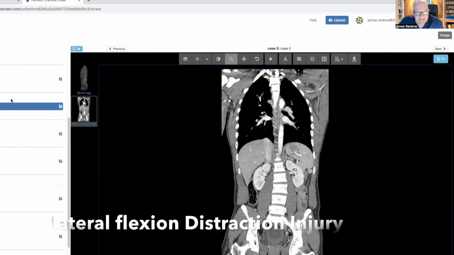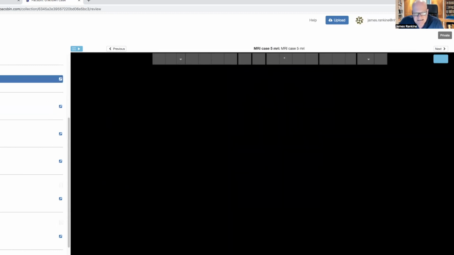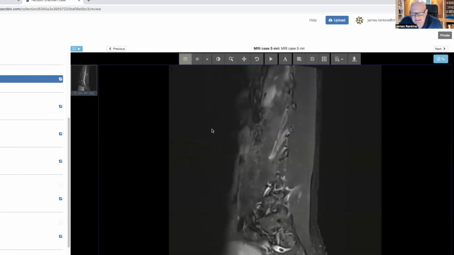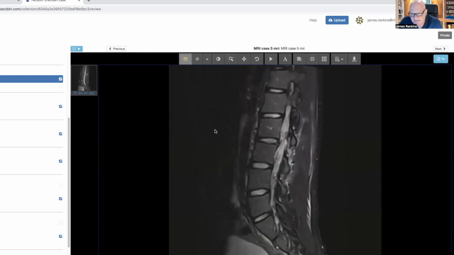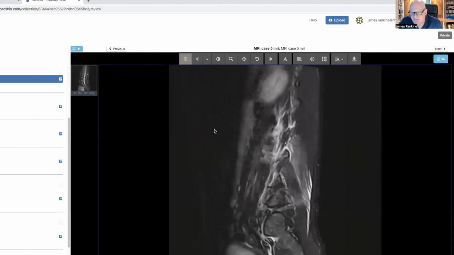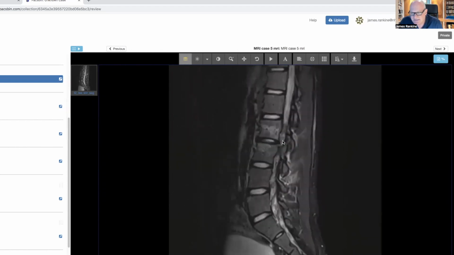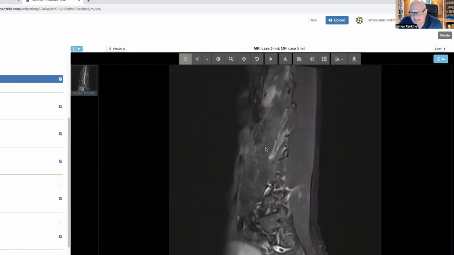And when I come to the MR, I can predict that what I'm going to see is a lot of disruption of the soft tissues on one side, more so than on the other. So on the left side, I see all of these edematous changes in the soft tissues. If I go down to the right side, I see much less.